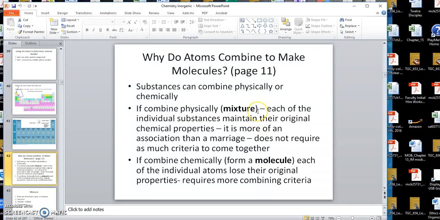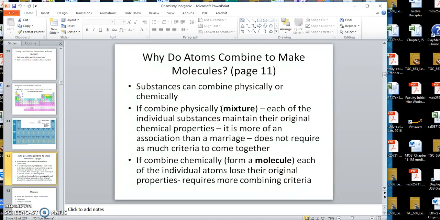So just to put chemicals together is a mixture, but to put them together with a chemical bond forms a molecule. Obviously, putting them together with a chemical bond requires quite a bit of criteria that we will be examining in the next few videos. But we start first with putting them together physically, a mixture.